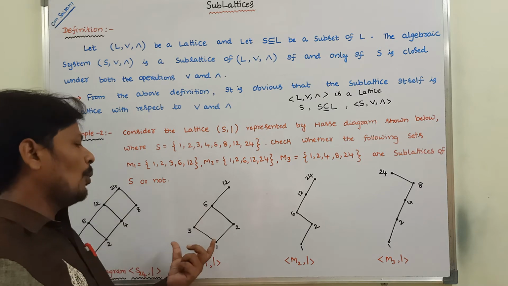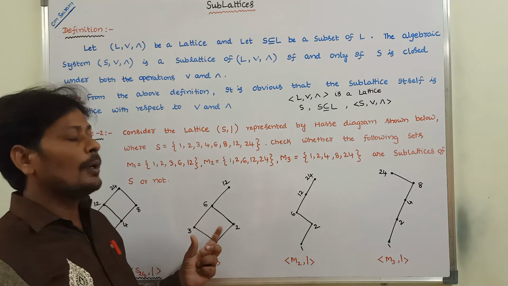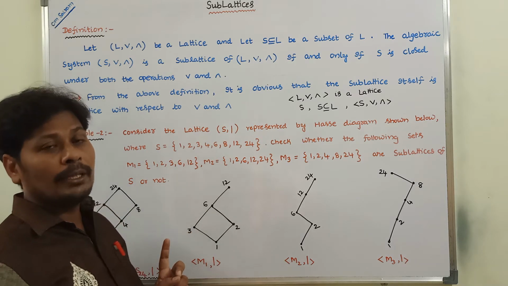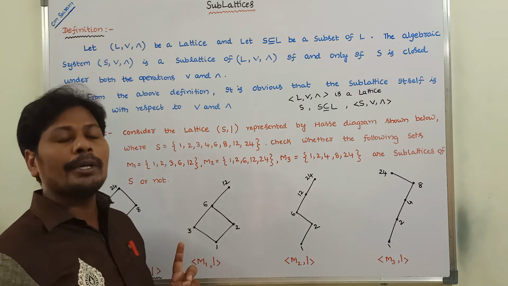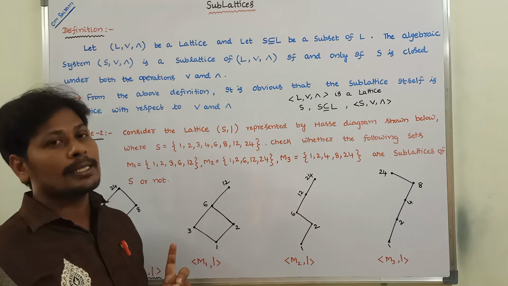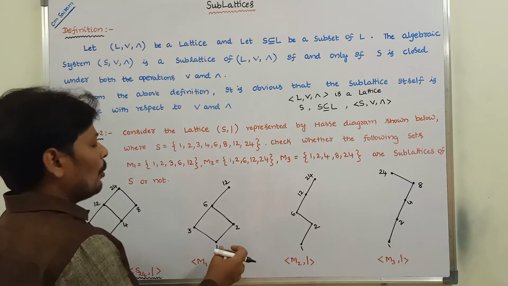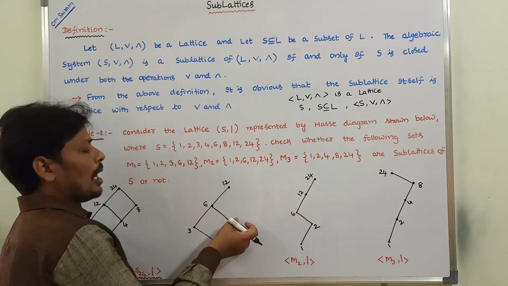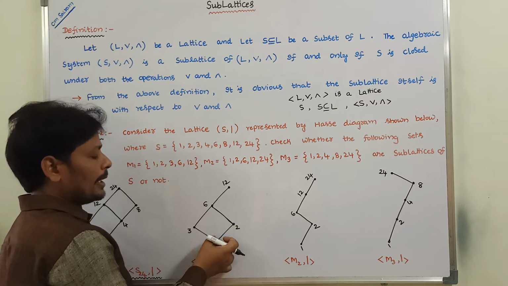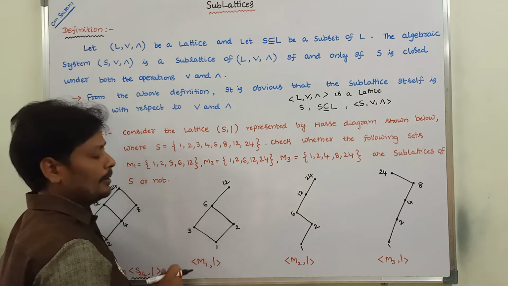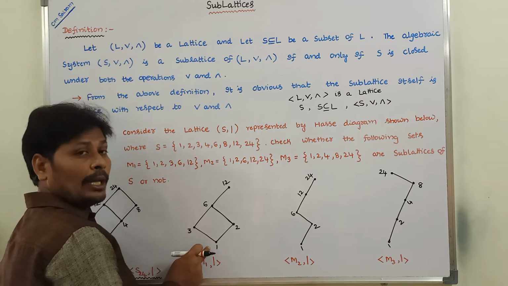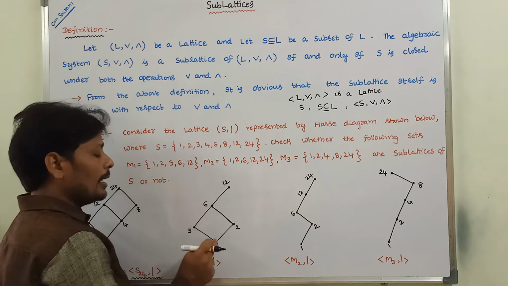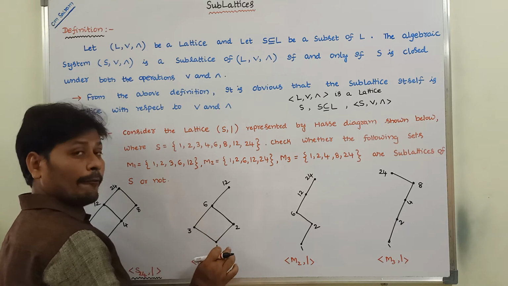Now we have to verify them. We can take any pair of elements of M1 and check whether both the least upper bound and the greatest lower bound exist or not. We take the pair 1 and 2: least upper bound is 2, greatest lower bound is 1. The pair 1 and 3: least upper bound is 3, greatest lower bound is 1.